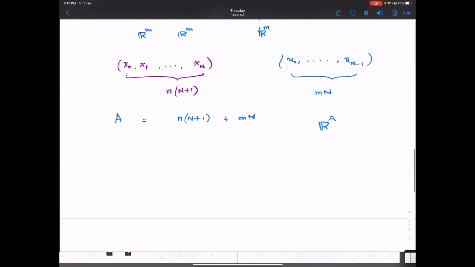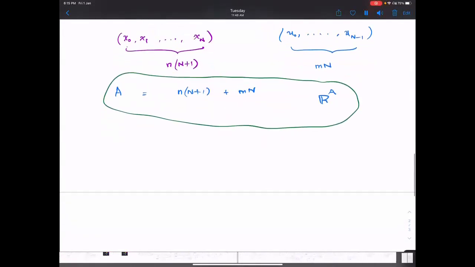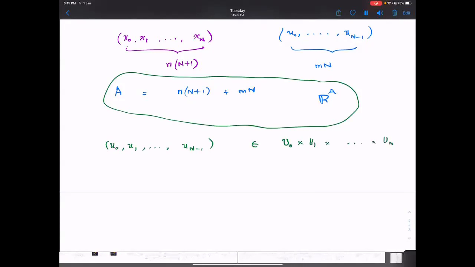Now, when I look at everything in this new state space, I also need to look at constraints. So for instance, if we know that u naught, u1, through un minus 1 belongs to some constraint set, so let's say u naught cross u1 and so on to un minus 1.